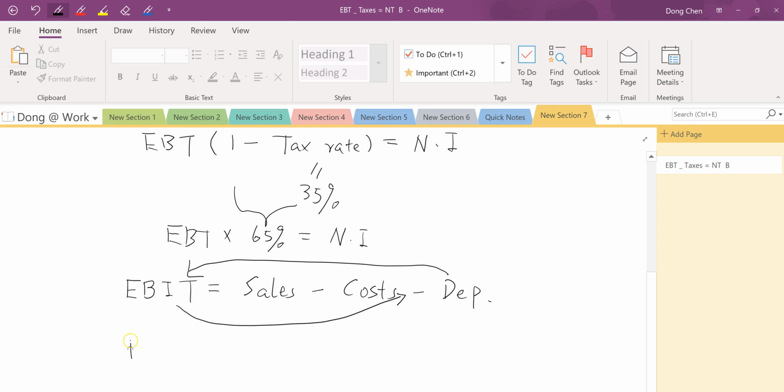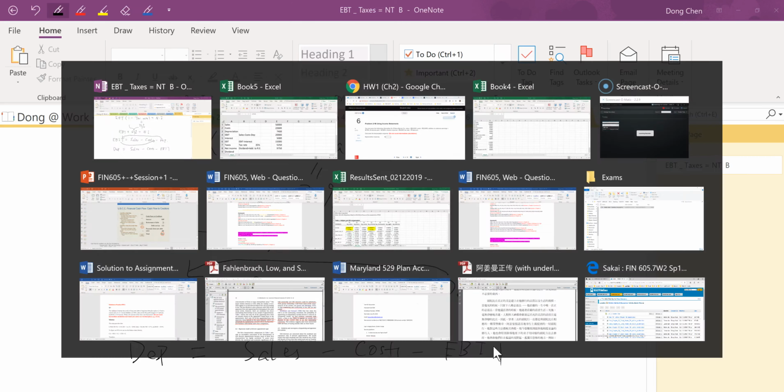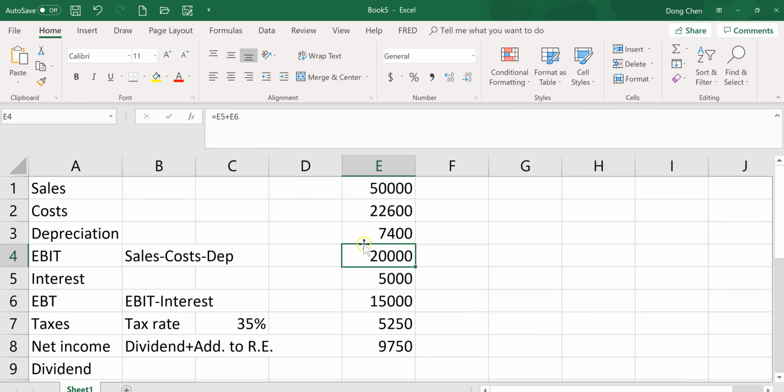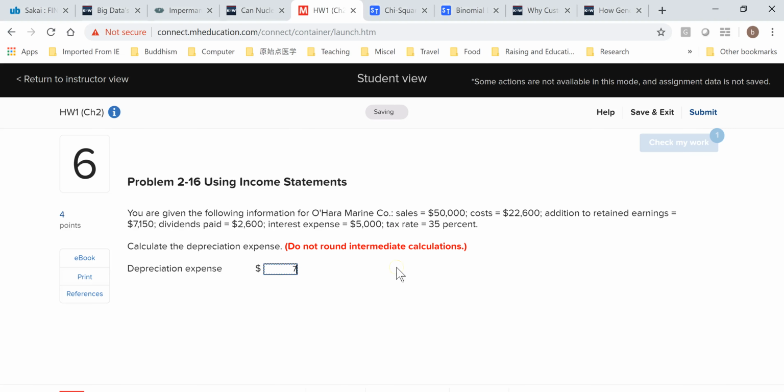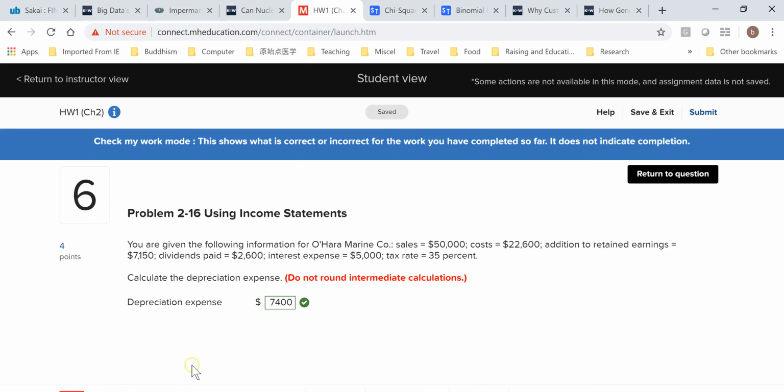So then you can express depreciation in terms of other inputs, which is sales minus cost minus EBIT. And so that's what we did. So we have figured out the final answer for this question, $74,100. So let me put that number and check my work. Good job.